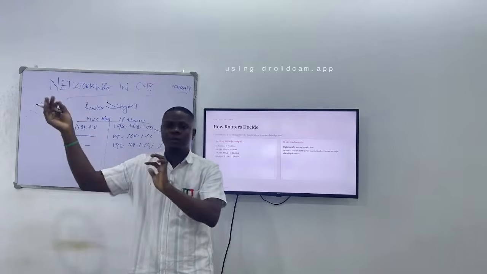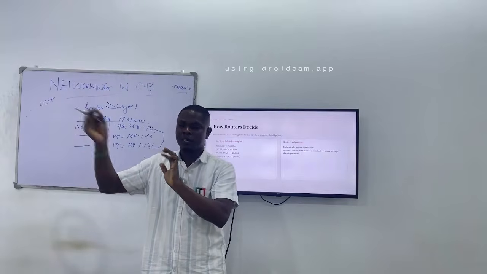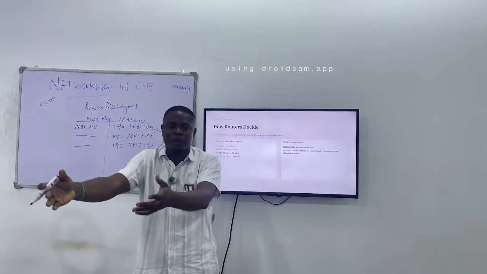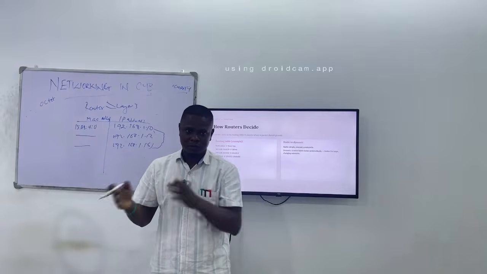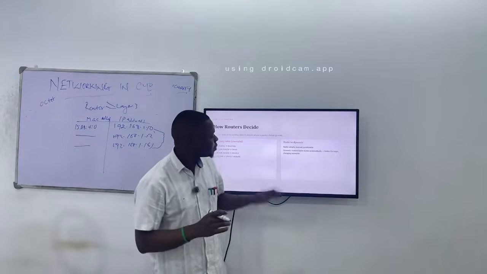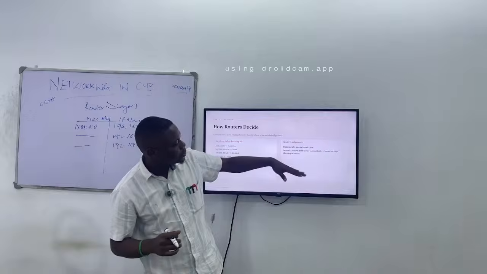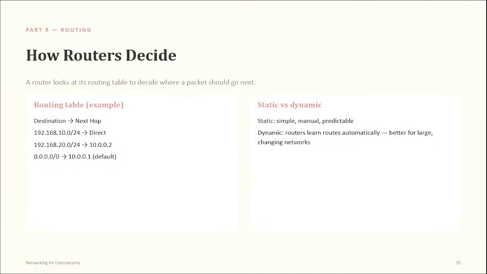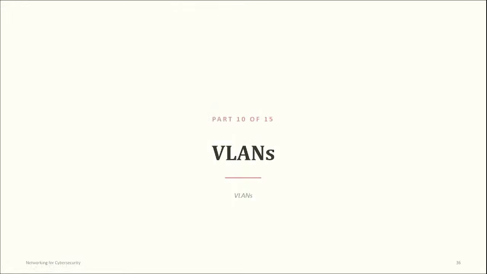Instead of using a DHCP server that automatically assigns, I give it an IP address myself. Is it clear? So static is simple, manual, and predictable. Dynamic, routers learn routes automatically, better for large and changing networks. Is it clear? All right.